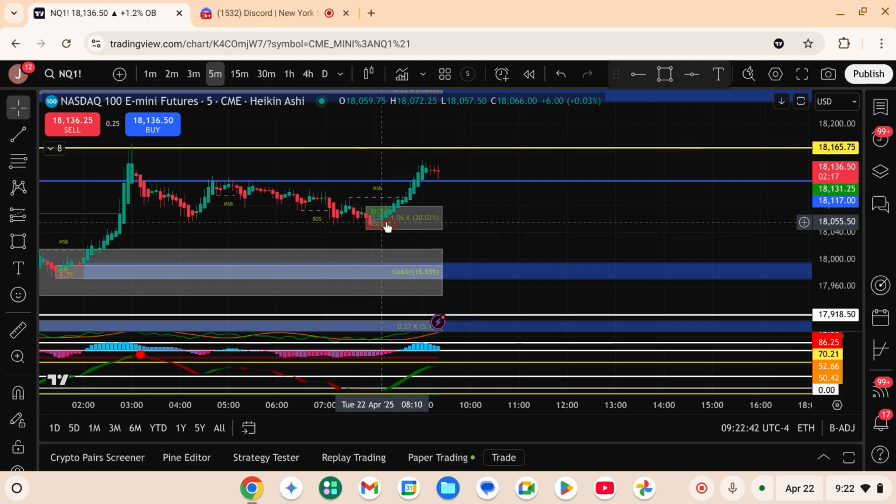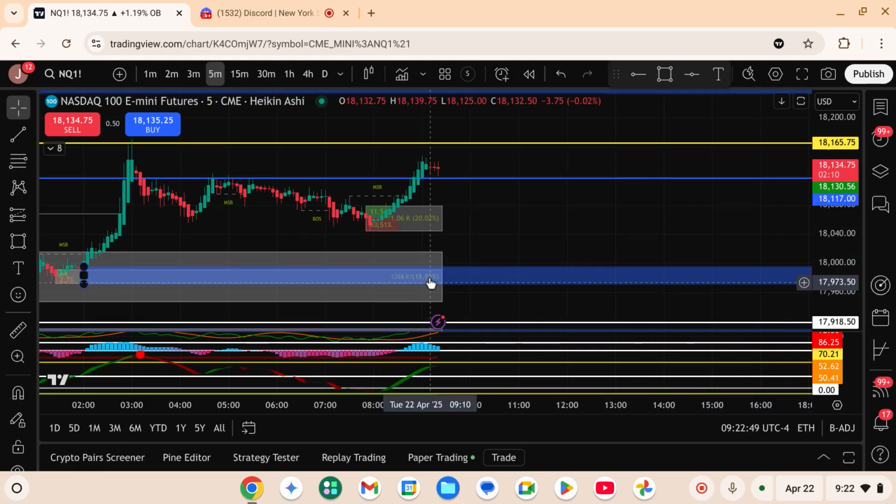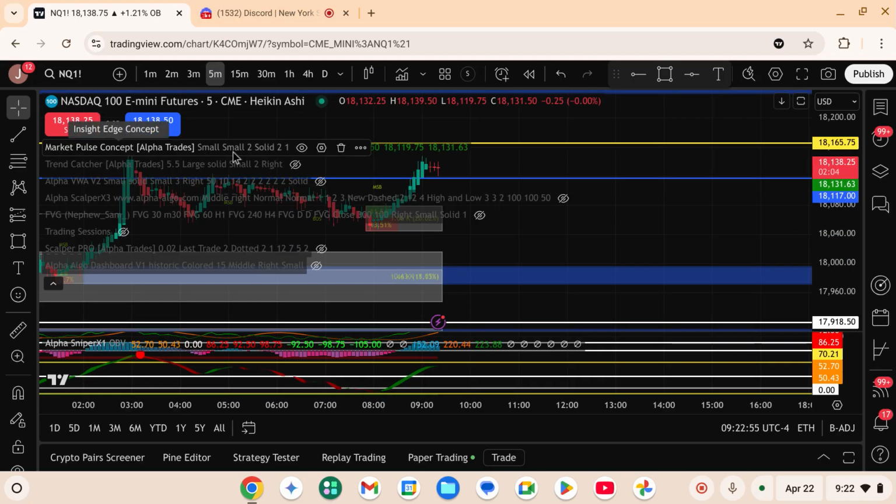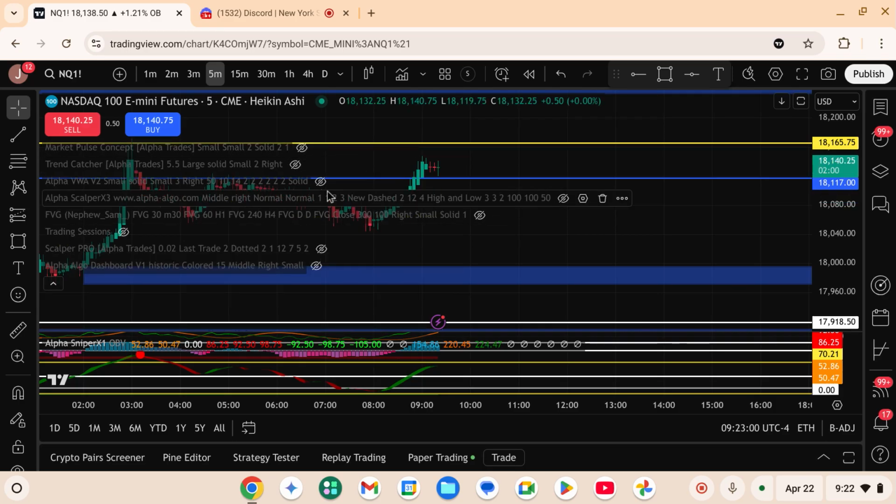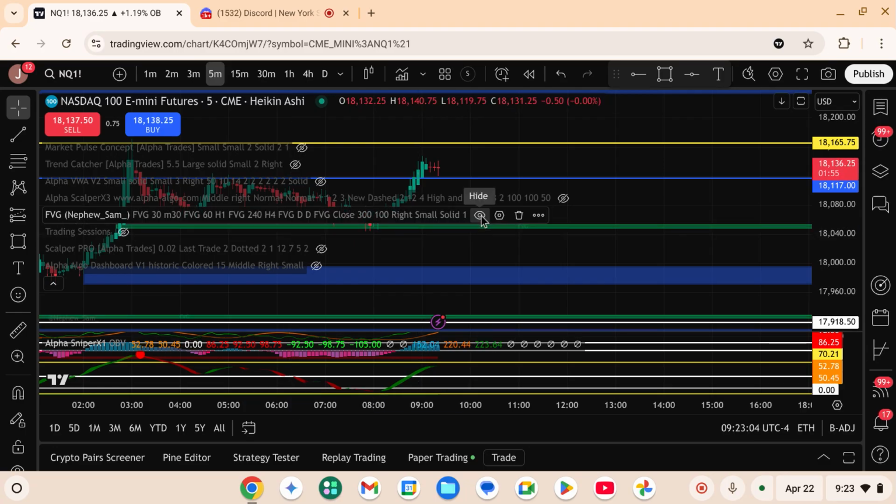So it's probably going to blow through this one here, this order block, and target around here. Let me turn on fair value gaps, see what we got, and liquidity.